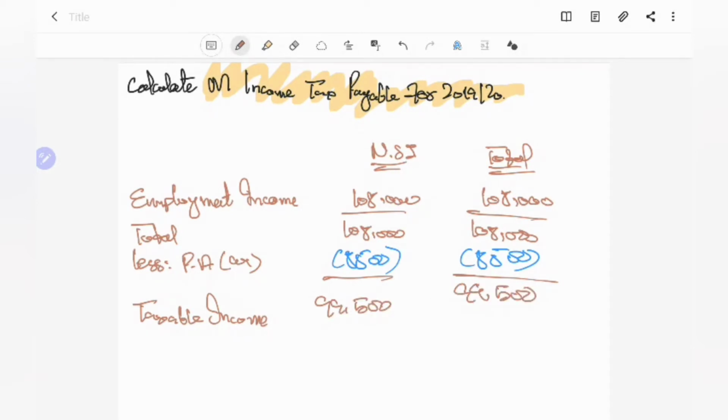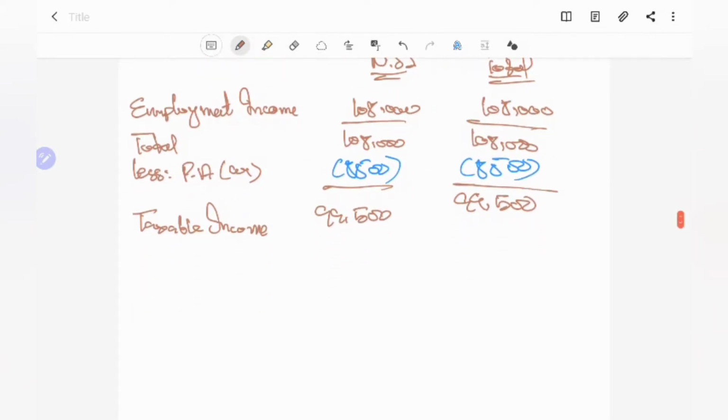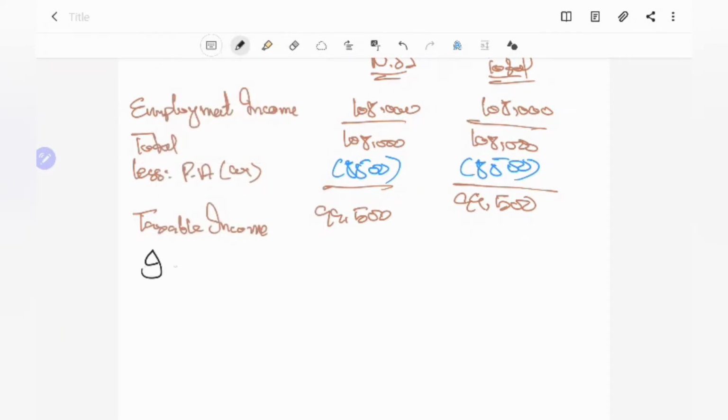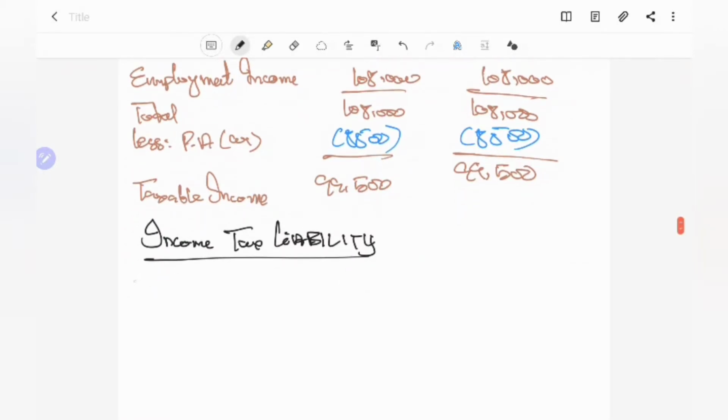Now remember, we have to do now income tax liability. Remember, 0 to 37,500 is our band, and then we have total income till 99,500, right?